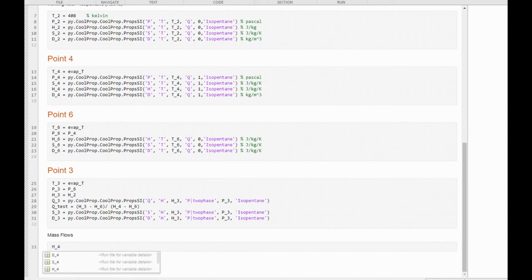It becomes m underscore 4 equals q underscore 3 times the mass flow, mass underscore f, of the fluid coming in. Then similarly, the mass flow at point 6 becomes 1 minus q underscore 3 multiplied by the mass flow coming in from the pump.